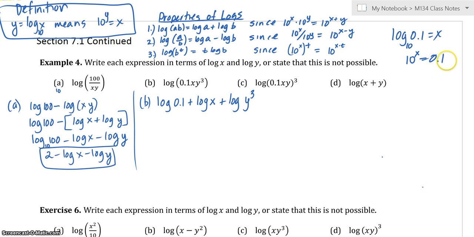So then I figure this out, I get 1/10, so I realize that y is -1. So this is just a -1. And then we have that log of x. And then you could bring down that 3 using the third property. You know, whenever you have an exponent up here, it's the same as multiplication. And that would be the answer to B.